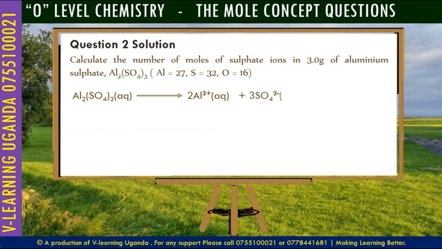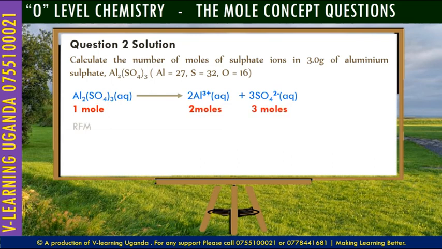As you can see right there, we have aluminum sulfate in solution ionizing to aluminum ions and sulfate ions. When you look at the equation, we see that 1 mole of aluminum sulfate will ionize to 2 moles of aluminum ions and 3 moles of sulfate ions.